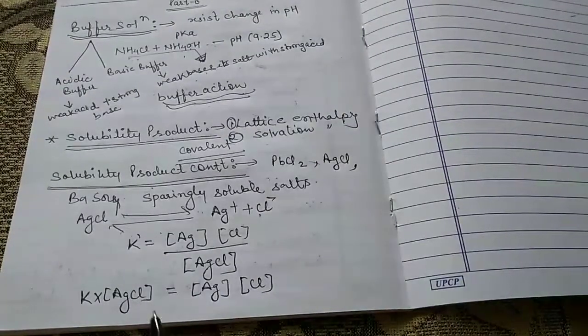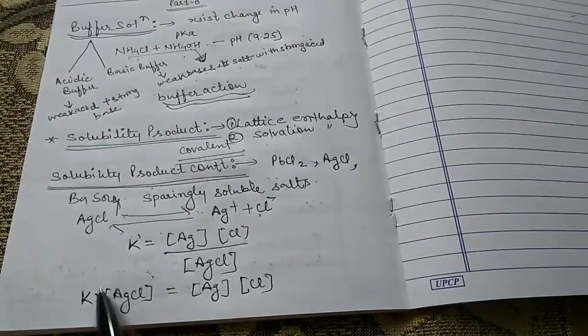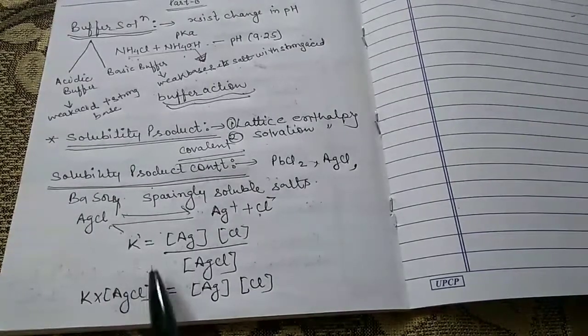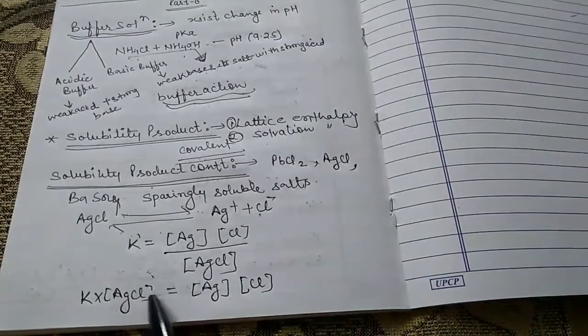The concentration of a pure solid substance remains constant. And here the pure solid substance is which one? This one, silver chloride. Let us assume it is in the pure form, so its concentration remains constant.